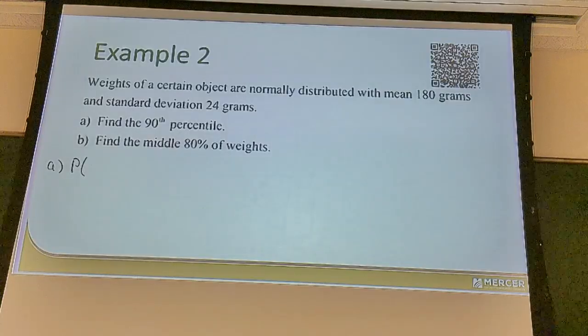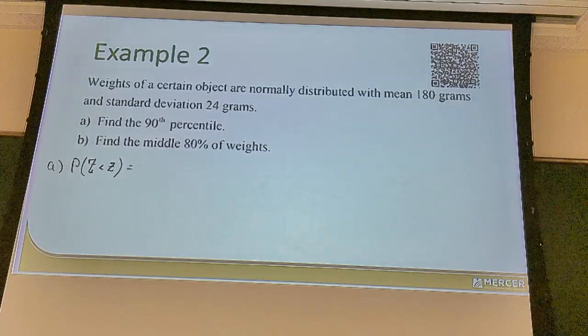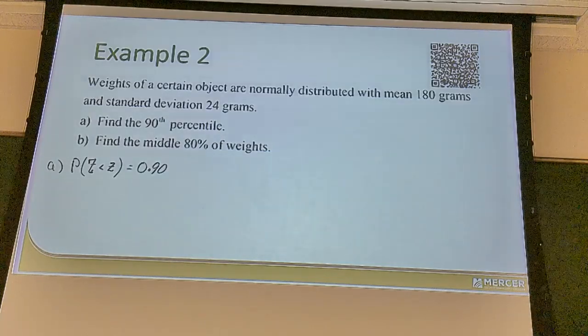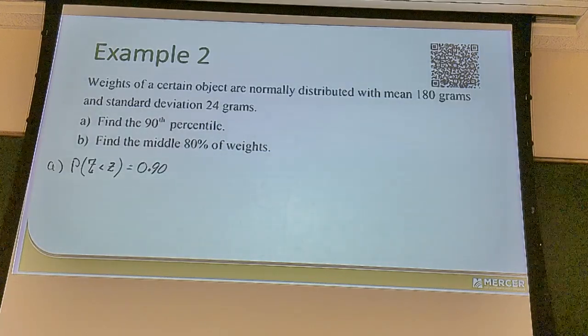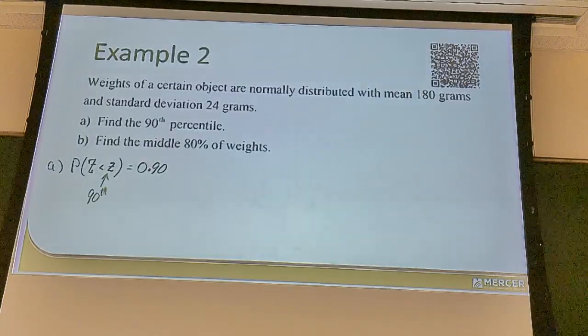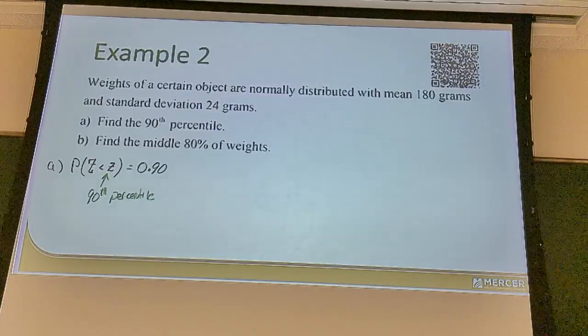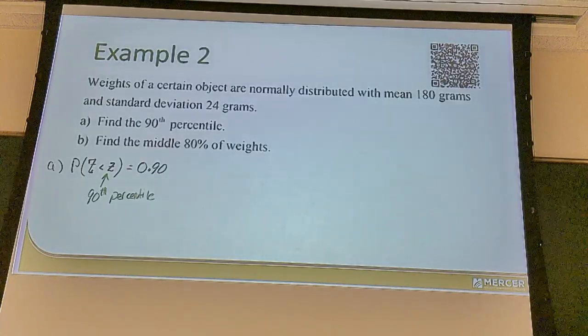We're going to start with standard. Is that value of little z that makes that probability true, right? 90th percentile is the value in which 90% of the data is less than.